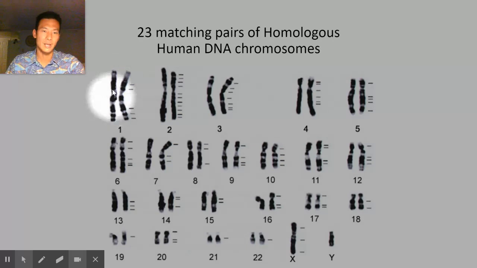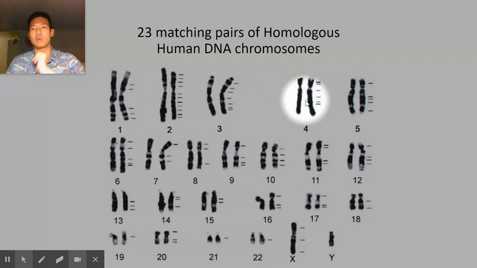If this one has an eye color allele, this one right here has to also have an eye color allele. If this one has a lactose intolerant allele, this one might have a lactose intolerant allele too. Maybe it's not lactose intolerant, but together, they become non-lactose intolerant.